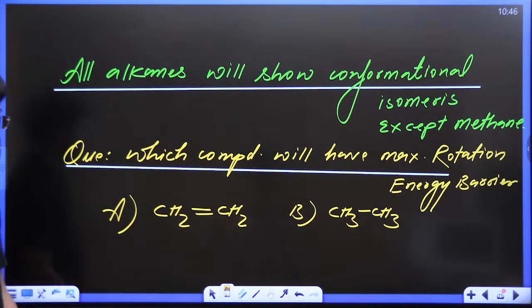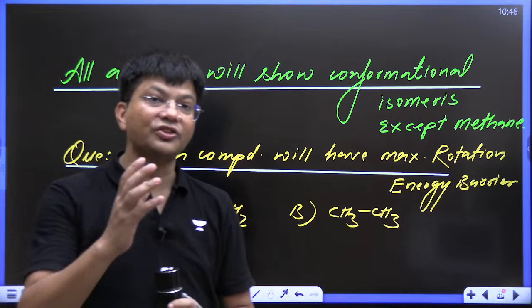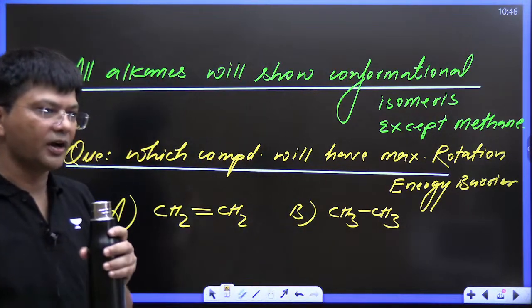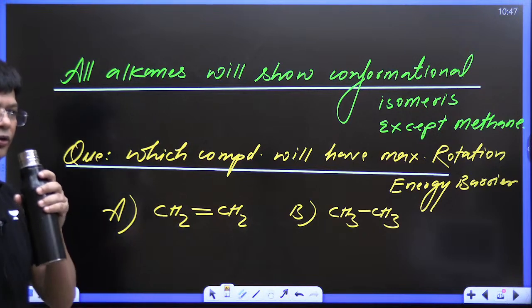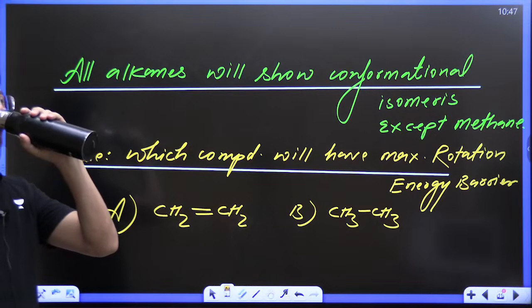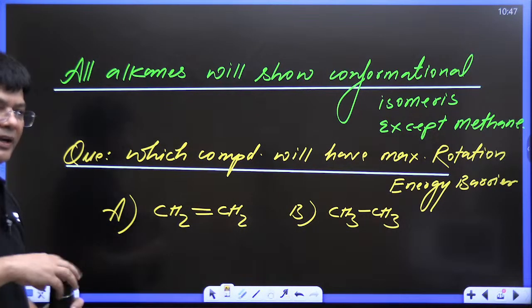I would like to see your answer, kids. Hurry up. Everyone, do let me know. I'm waiting for your answer. These questions definitely are going to come in your examination, NEET 2024. These are really very, very important for NEET 2024. Fantastic, kids.